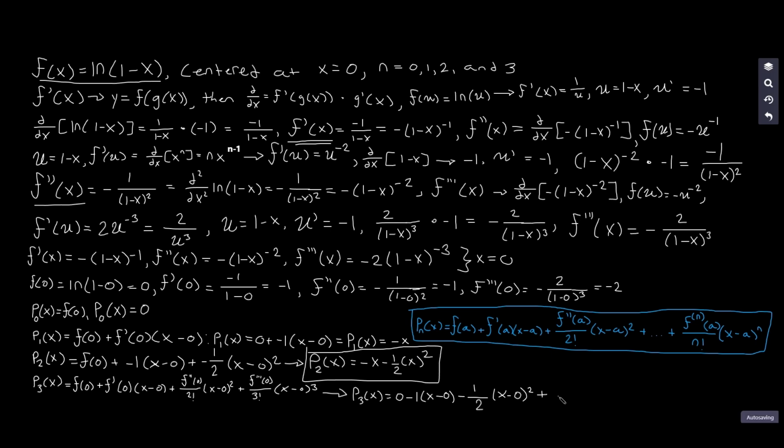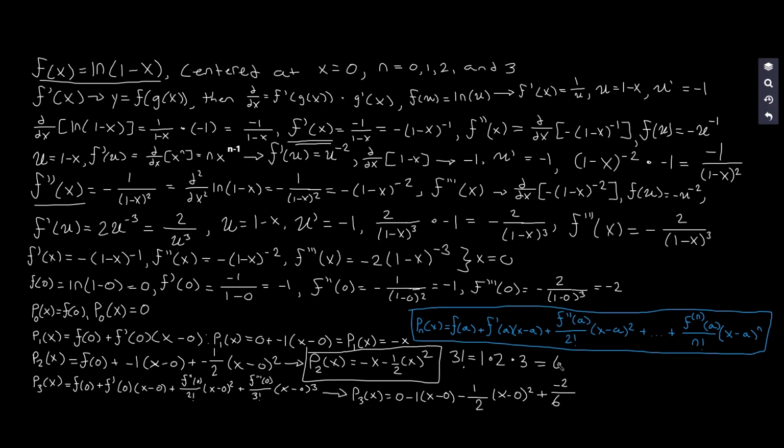Plus, gosh, triple prime, negative 2 in the numerator over 6. I think 3 factorial, which is 6, and here's why. 3 factorial equals 1 times 2 times 3, multiplying everything up to 3, which is 6.